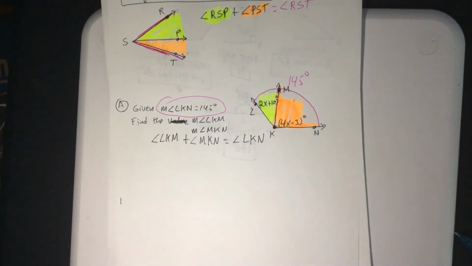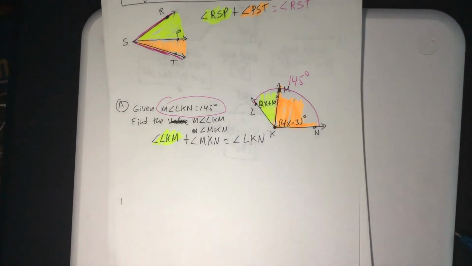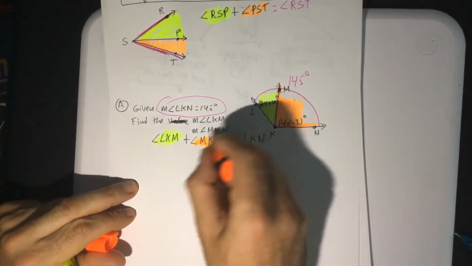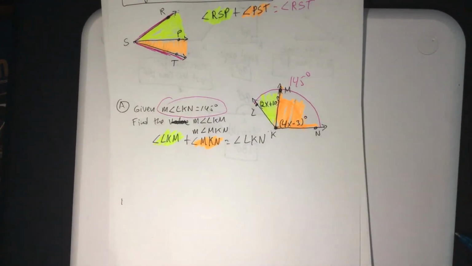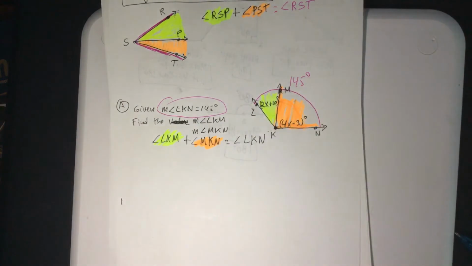So the yellow angle plus the orange angle is going to be equal to LKN, which is 145 degrees.